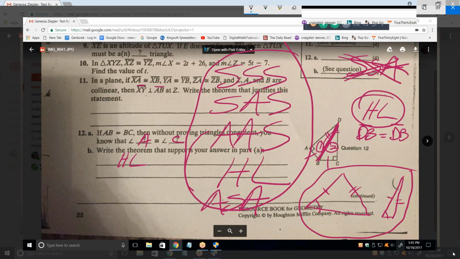So whether I call them AAS or ASA, I would count it off if I put the wrong one. I would get counted off if I put the angle, angle, side. Yeah, I know. It's got to be the correct side. Whereas these two are not precisely identical. Let me draw a situation here.